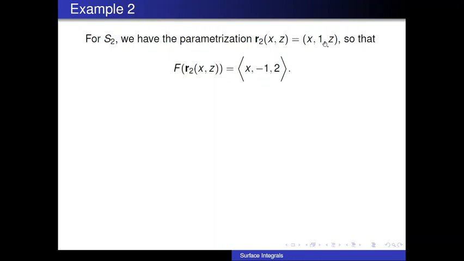So we have x in the first component for this composition. And then the second component of f was the function minus y. Well, the y part of r2 is 1. So in that composition, it becomes minus 1. And then the third component of f, again, was just the constant value 2. So we'll put that there.